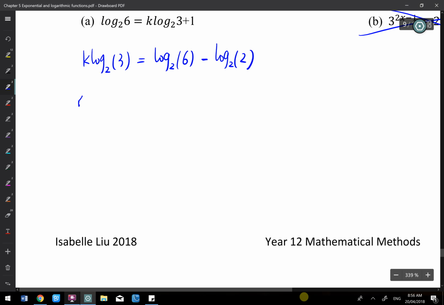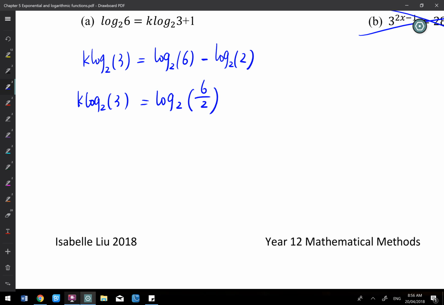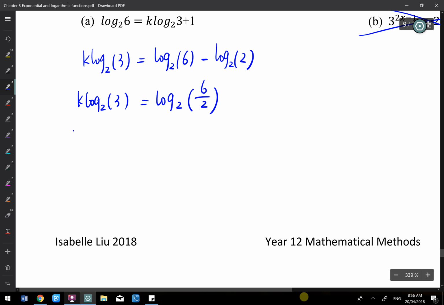So k log 2 3 equals log 2, 6 divided by 2. When you subtract logs, you divide the numbers. So k log 2 3 equals log 2 3. Therefore k is 1.